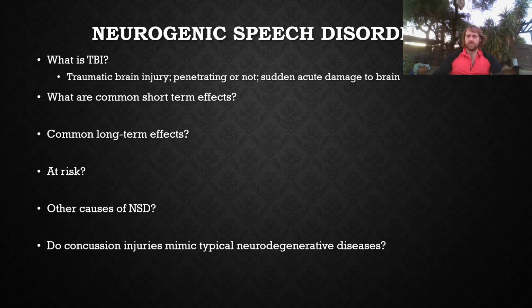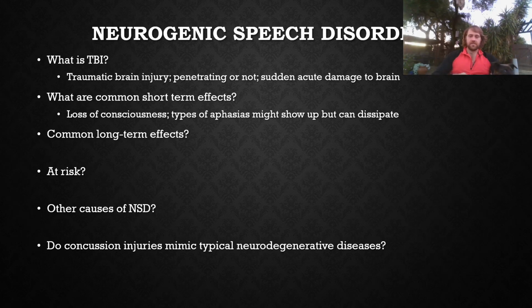There are a few common short-term effects of TBI, and those are loss of consciousness. Remember, Phineas Gage, one of our most well-known cases of TBI, penetrating TBI, right through the head, lost consciousness, and that's common. There's not a lot of common side effects. This is true of all of our brain disorders. There's all sorts of crazy things that happen, common or uncommon.